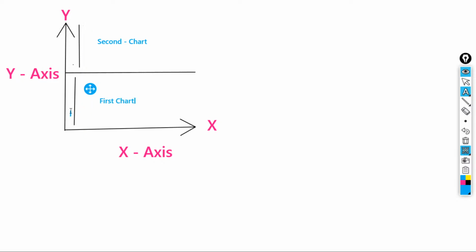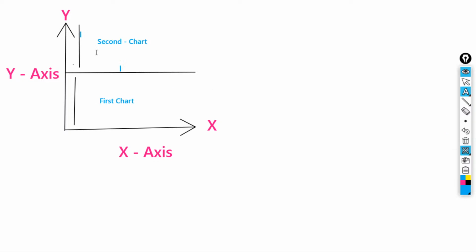Here there will be one y-axis corresponding to the scales of this first chart, and there will be another y-axis corresponding to the scales of the second chart. However, the x-axis will remain the same. For a common x-axis, if I have to have two different values, then it becomes individual axis, because in both the cases we have two individual y-axis.